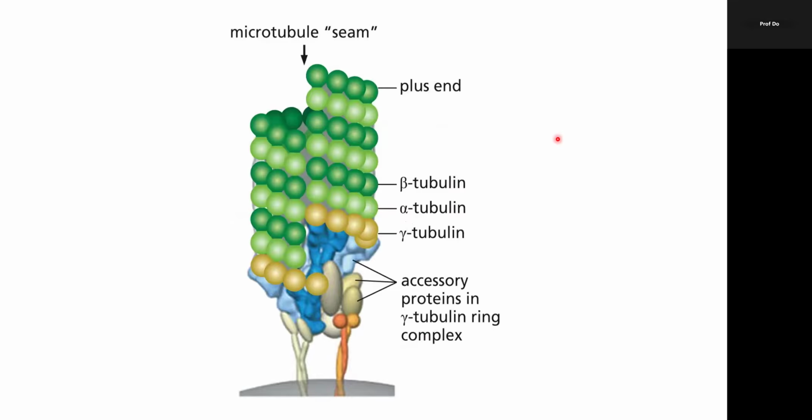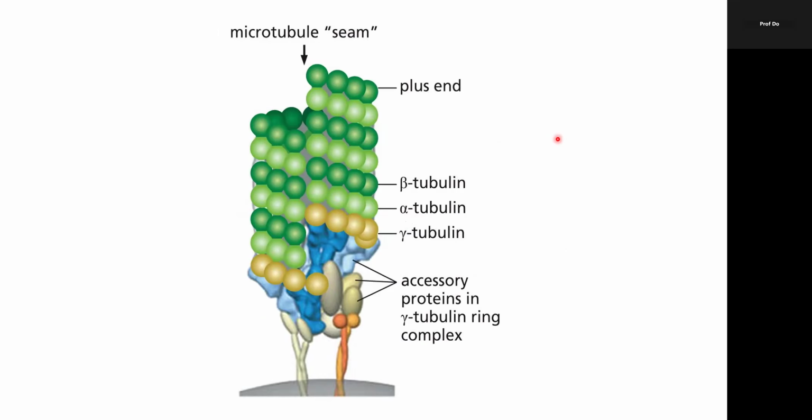Now, we know nucleation is a thing, but we can speed it up by having nucleation sites. How do we do that? Well, certain proteins will have regions where you have the base foundation already made.